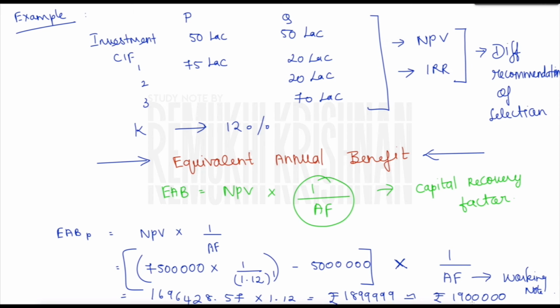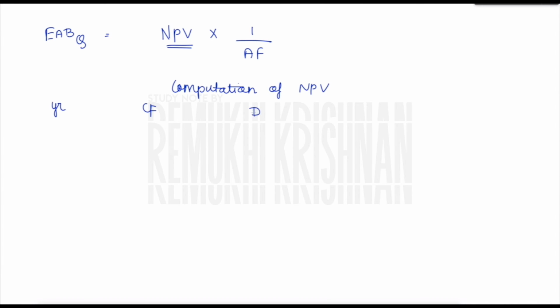Let us move further and find the equivalent annual benefit for project Q. Again here also, net present value into 1 divided by annuity factor, which is your capital recovery factor. For the computation of NPV, since the cash flows are unequal, I'm going to work out this sum in a tabular form so that it will be easy.